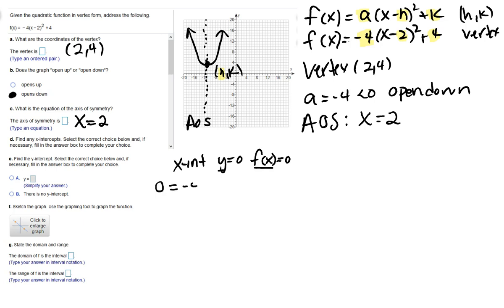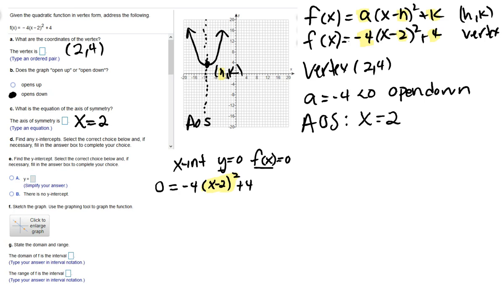0 equals negative 4 times x minus 2 squared plus 4. And then I want to solve this equation. I'm going to solve this equation by using the square root method. The square root method has you isolating this square and everything that is attached to that square.